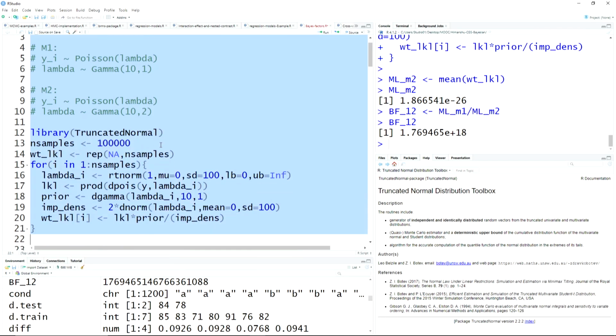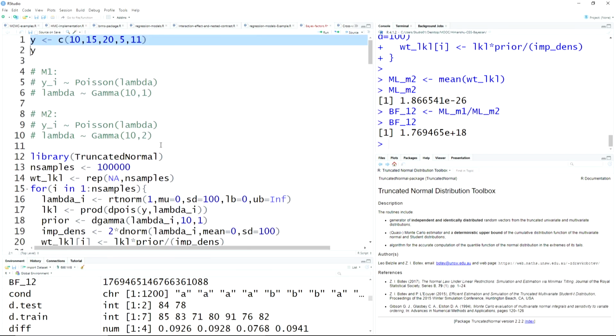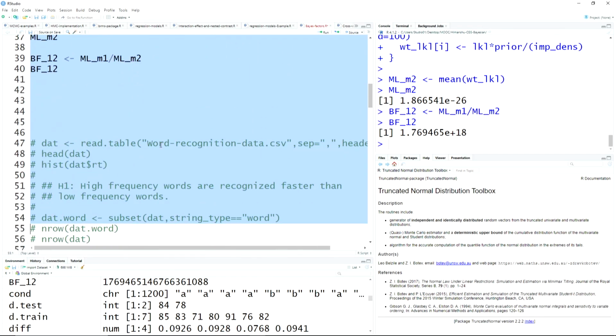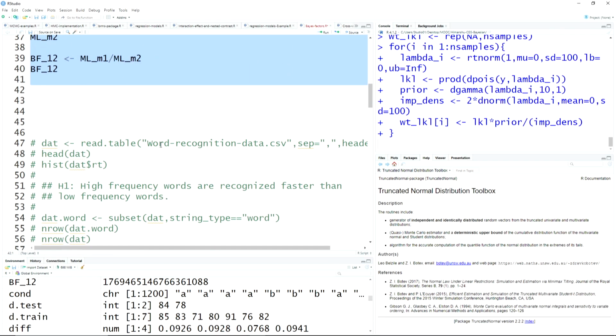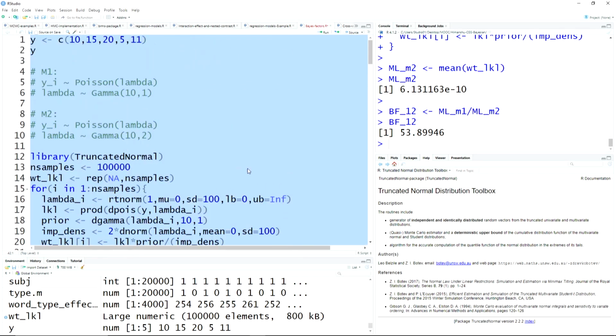Let us see. So, what we want to change is 10 2. Okay. So, let us see. It is 53. Okay. So, now the evidence is not as strong as we had earlier, right? It is just 53.